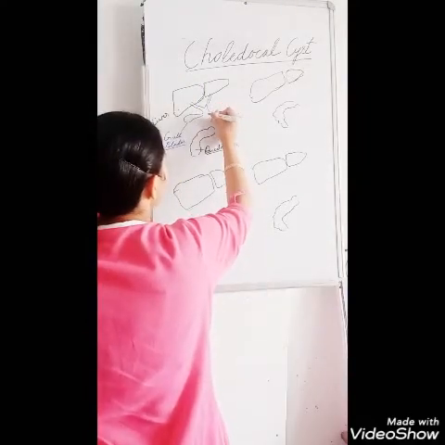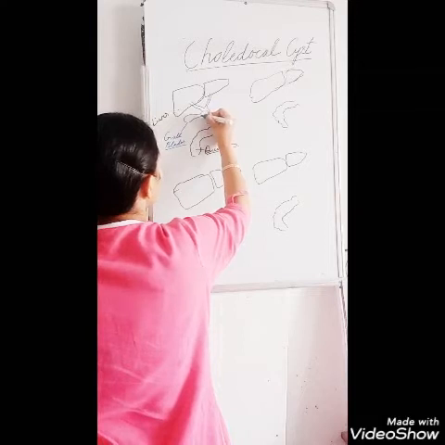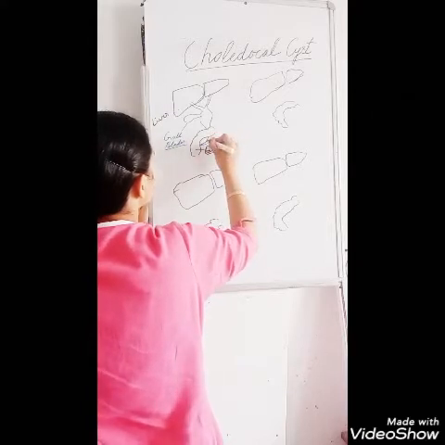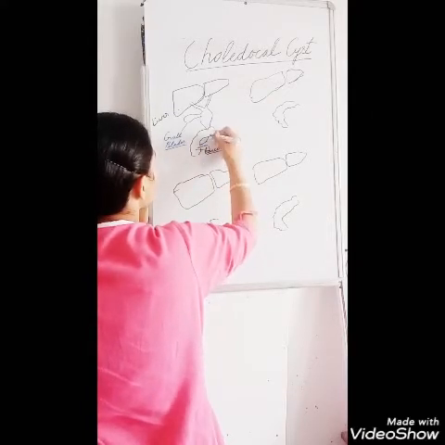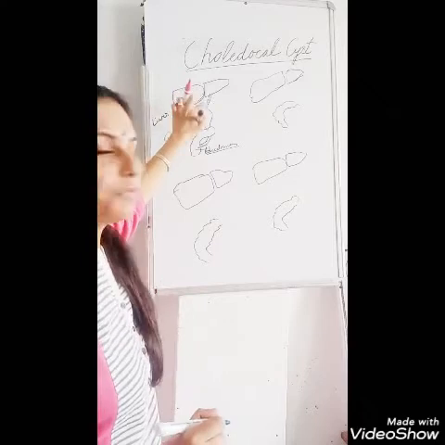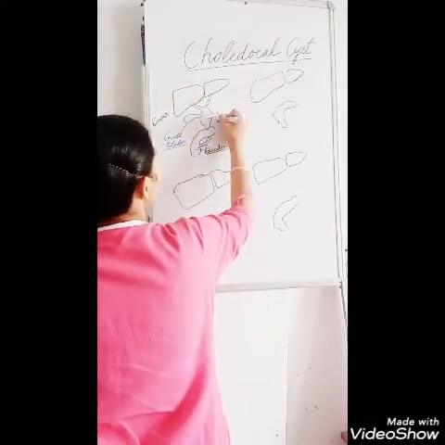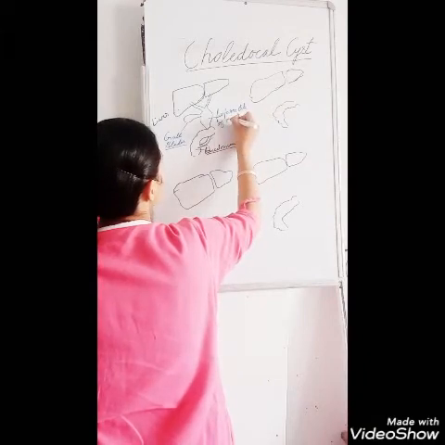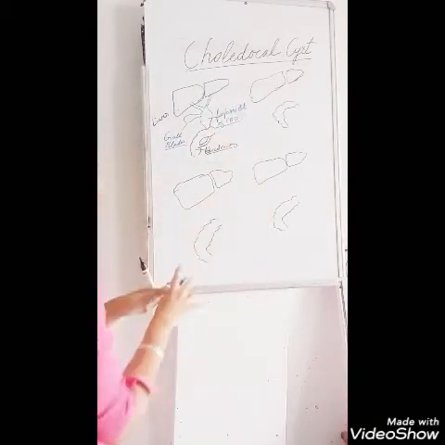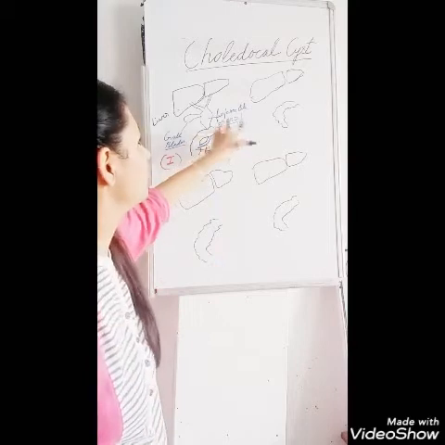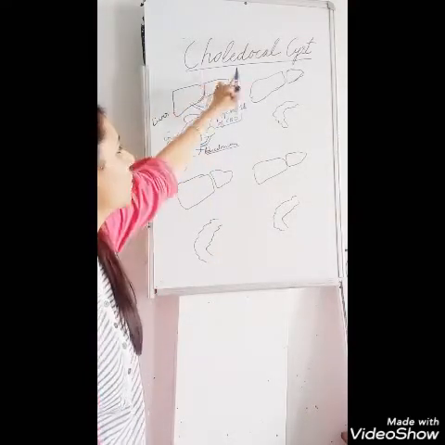See how this gets dilated. So here the common bile duct has dilated in a fusiform manner. This is the fusiform dilatation of the common bile duct. This is the first classification, the first variety of the choledochal cyst.